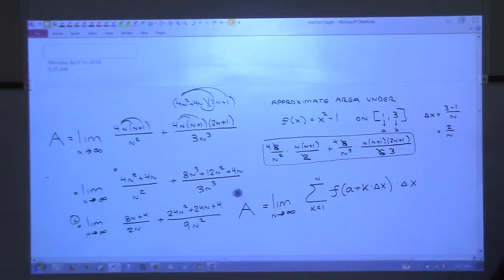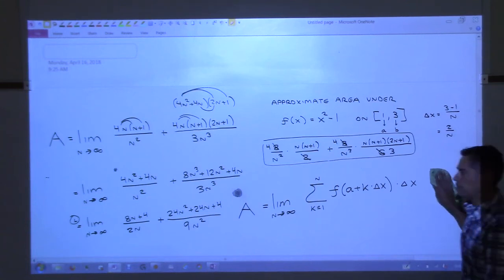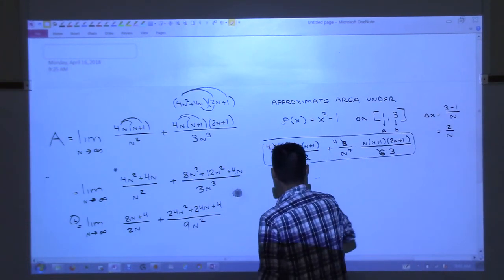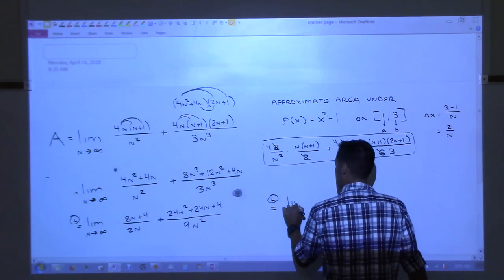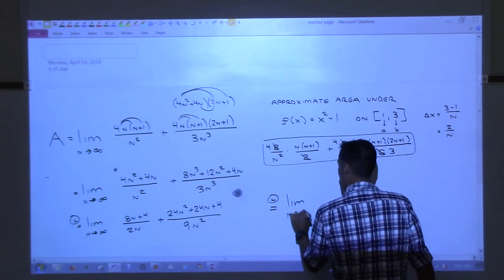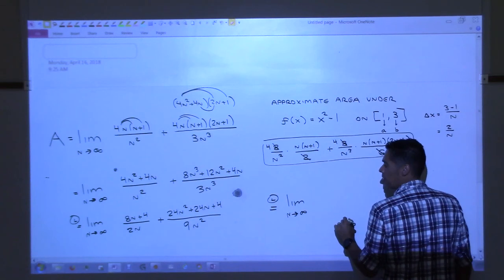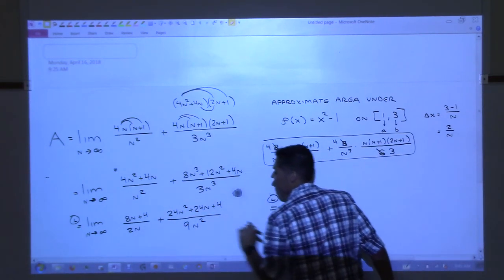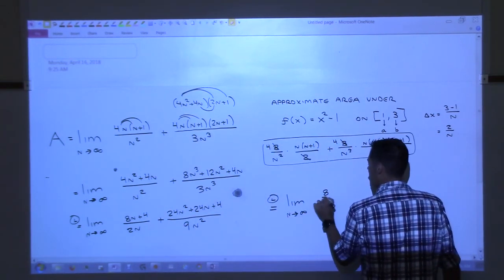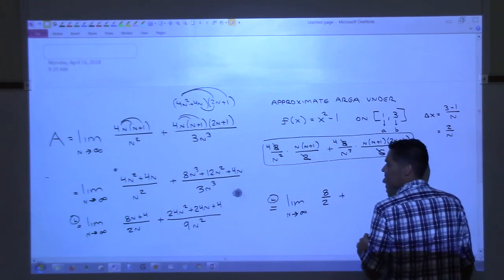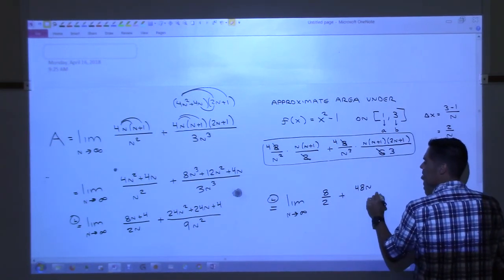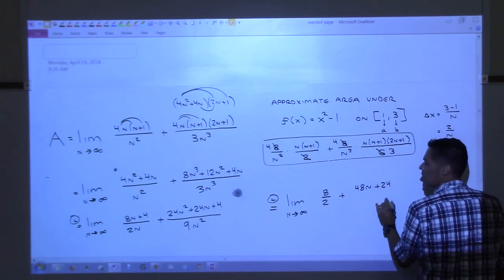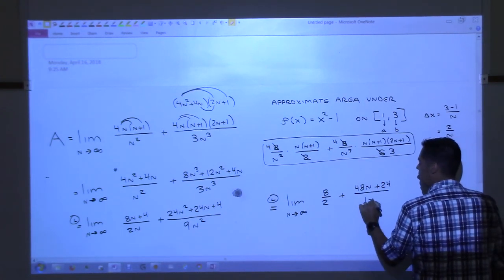Still infinity over infinity. L'Hopital again. By L'Hopital's rule, limit as n goes to infinity. The derivative of the top of this one is 8, derivative of the bottom is 2. So 8 over 2, which is 4, plus, next one, 48n plus 24 over 18n.